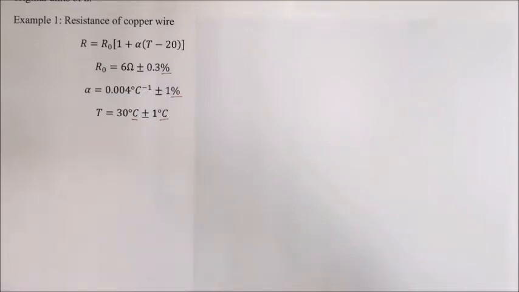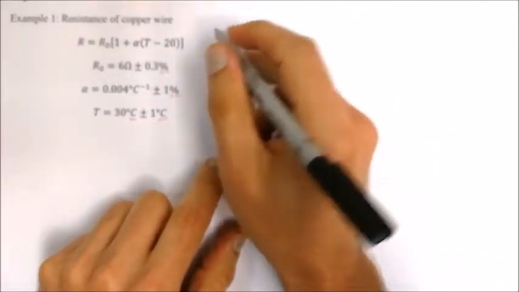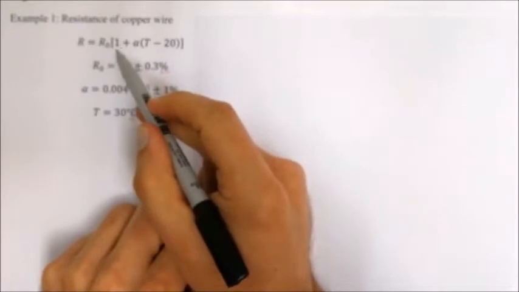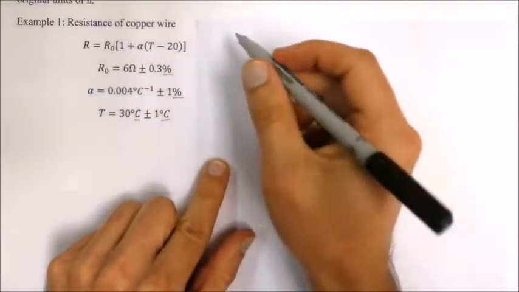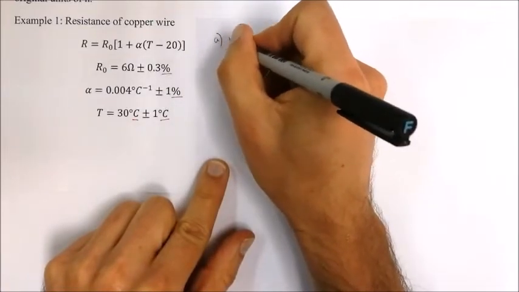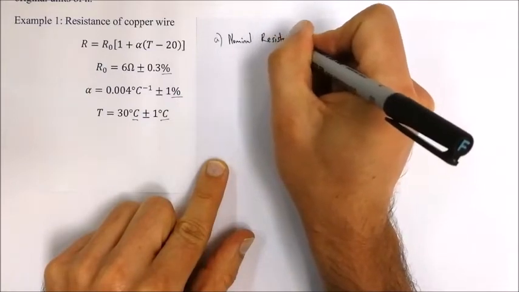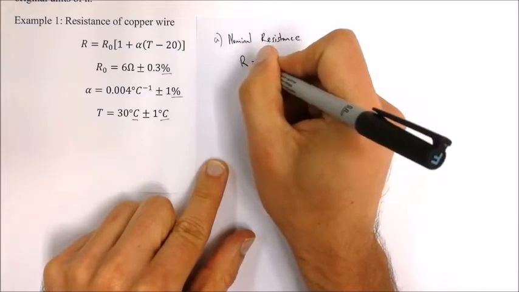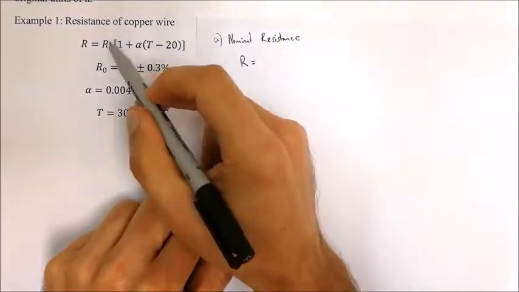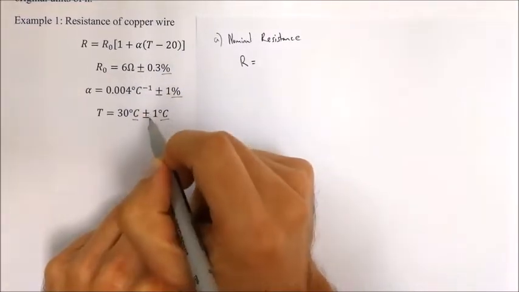The first thing we've got to do is calculate the nominal resistance. We've been told that R is equal to R0 of 1 plus alpha of t minus 20. Therefore the nominal resistance can be calculated as R, which is equal to, R0 is 6 ohms over here, so we don't have to look at the 0.3%.